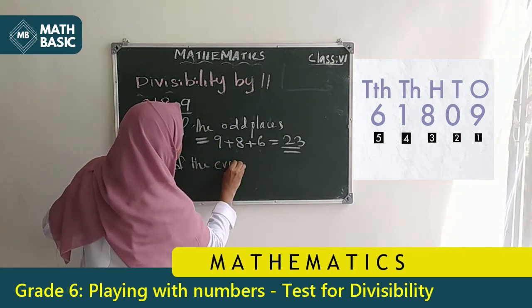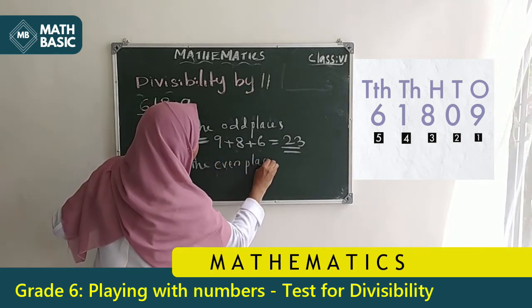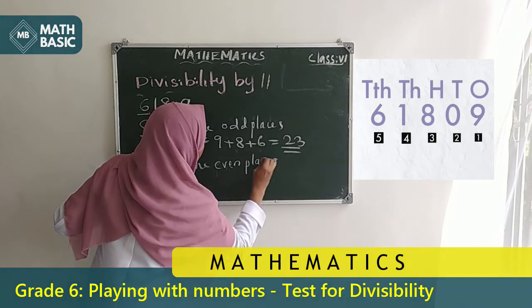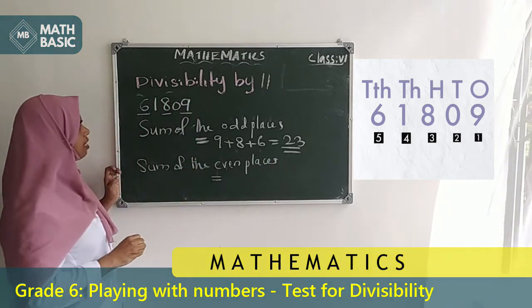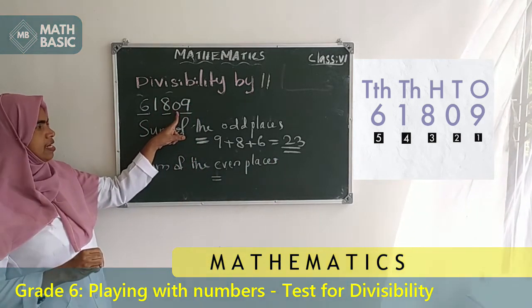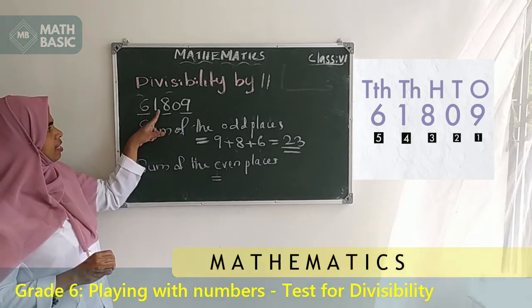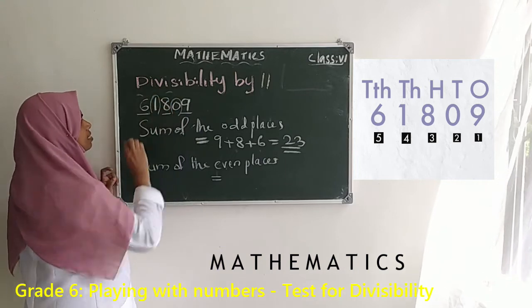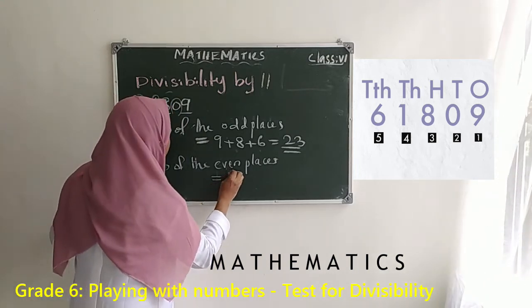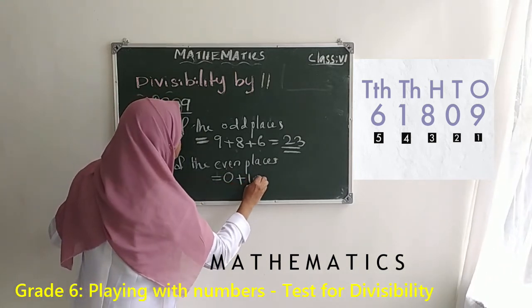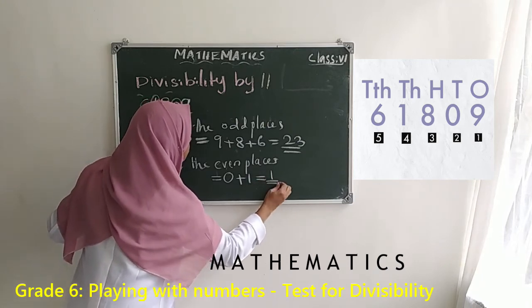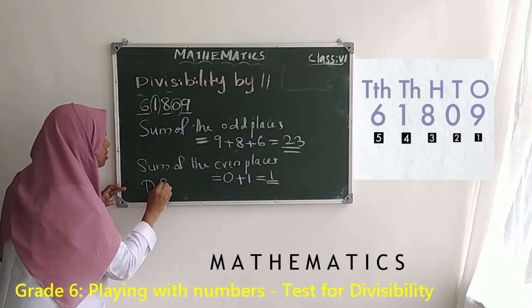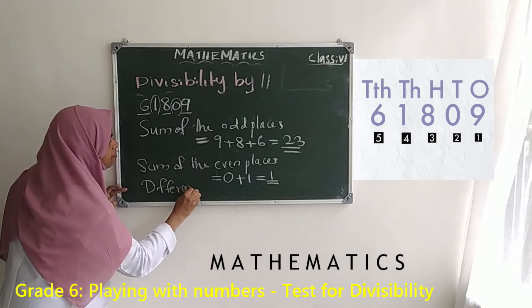Then sum of the even places. See here, even places are tens and thousands. These are the even place numbers. 0 plus 1, that is 1. Then the difference. What is the difference?